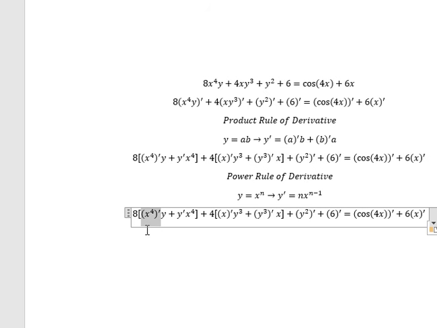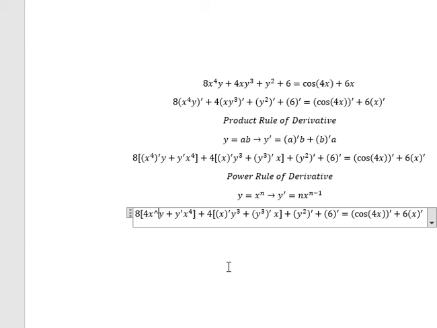So this one we change n into number 4, so we have 4x to the power of 4 minus 1, so that should be number 3 in here. This one, that's number 1, x to the power of 1, we change n equals 1 in here, so we have 1x to the power of 0, so this one you get number 1.